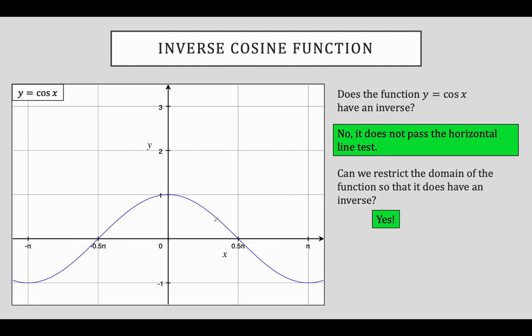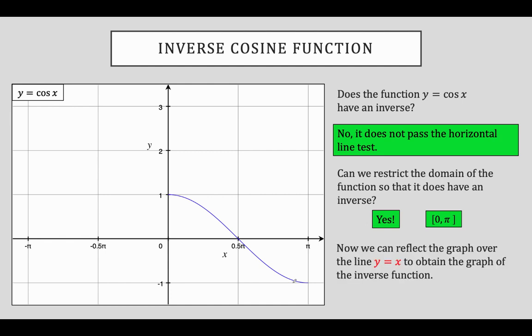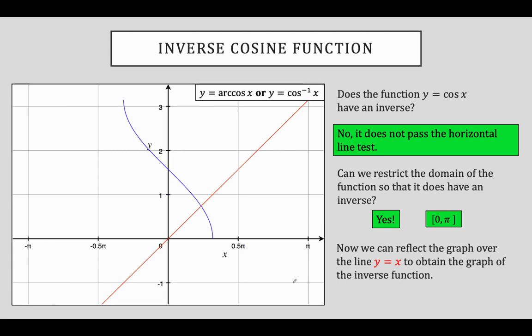If we look at this function on the interval from 0 to pi, so that's this portion of the graph alone, now the function is 1 to 1, and it does have an inverse on that interval. So we take that graph, we reflect it over the line y equals x, and that gives us the graph of our inverse cosine function.